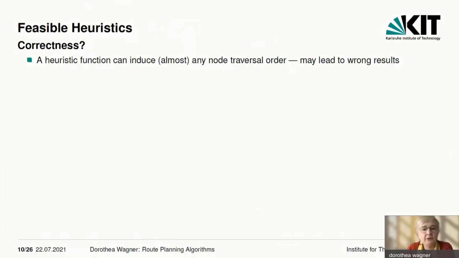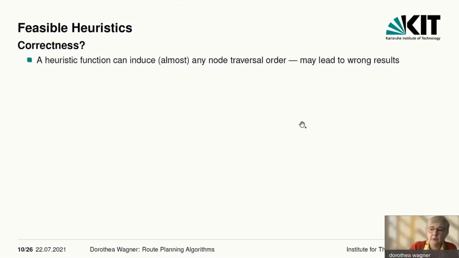Correctness: I mentioned before that everything we do should keep the correct shortest path. It should guarantee that what we compute is really the shortest path. This potential H is something like a heuristic function, but it's heuristic in the sense that if it's chosen appropriately, it results in a speed up of Dijkstra's algorithm, but we don't know how large the speed up is.